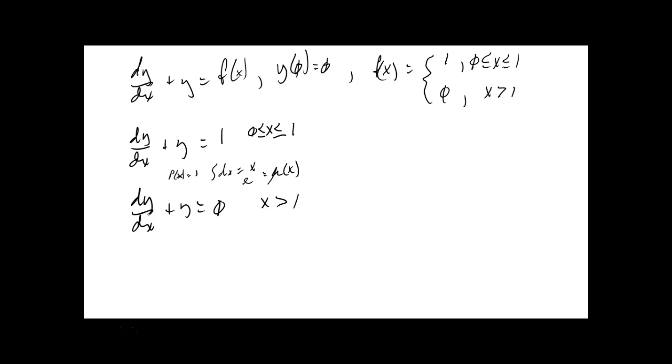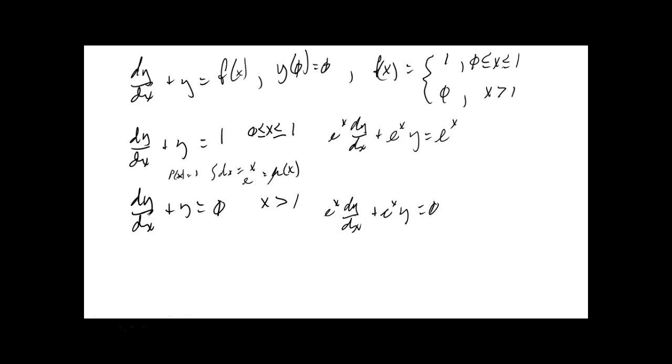E to the x times everything. You multiply it. So that's going to be e to the x dy dx plus e to the xy is equal to e to the x. And on the lower one, it'll be e to the x dy dx plus e to the xy is equal to 0.